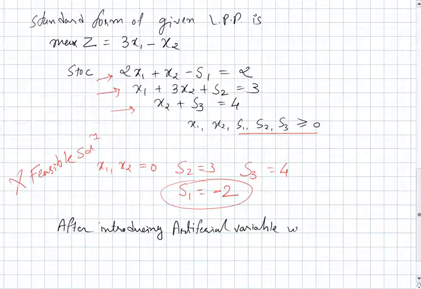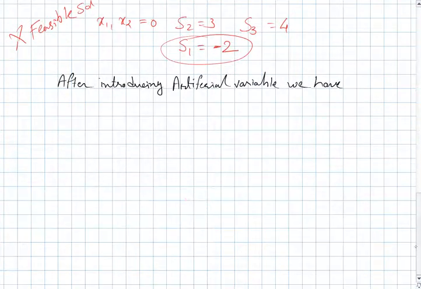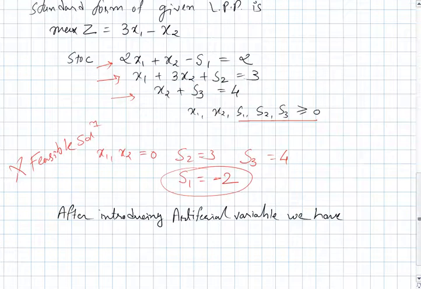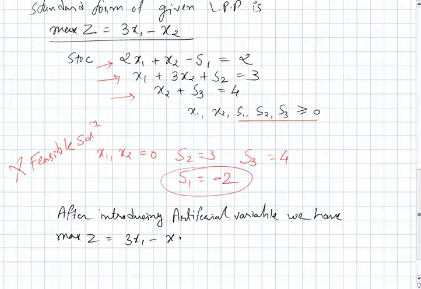After introducing the artificial variable, we have the form: maximize z equals 3x1 minus x2 subject to constraints. Only in the first constraint do we introduce the artificial variable: 2x1 plus x2 minus s1 plus a equals 2.